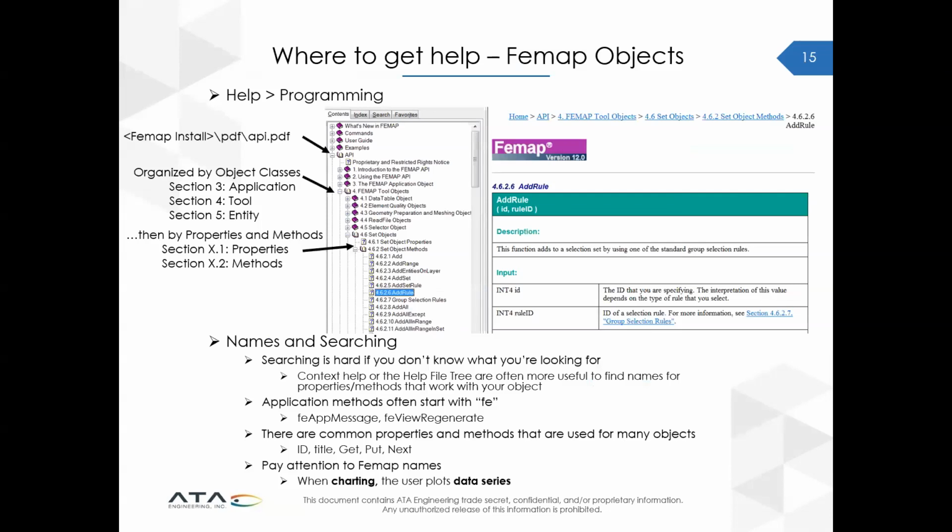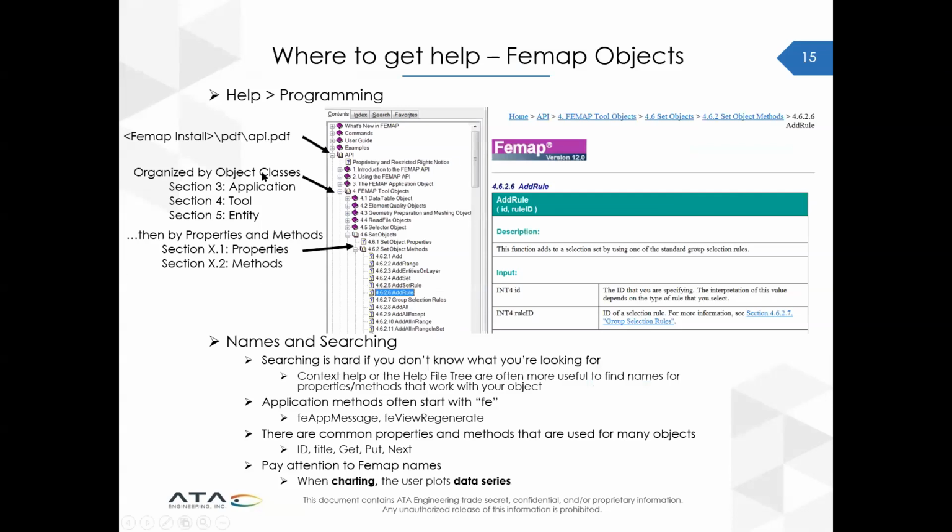And the way this is organized is by those 3 object class types. So section 3 will have everything that falls under application, section 4 everything under tool, and section 5 everything under entity. And then below that, it'll be organized by properties and methods. So if you follow that, you should be able to kind of find what's available to you.